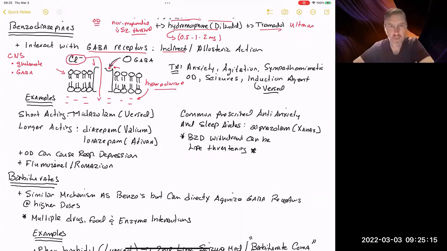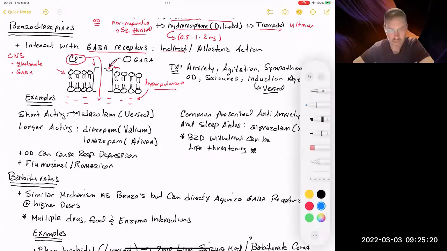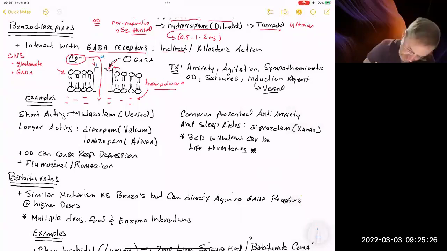Now, benzodiazepines bind to the GABA receptor, but they bind at a different site. Maybe the benzodiazepine binds, I'll draw it in blue here, over here on the receptor. It does not bind to the active site, so the benzodiazepine cannot directly activate or agonize the receptor. But when the benzodiazepine binds, it makes the receptor more sensitive to GABA.